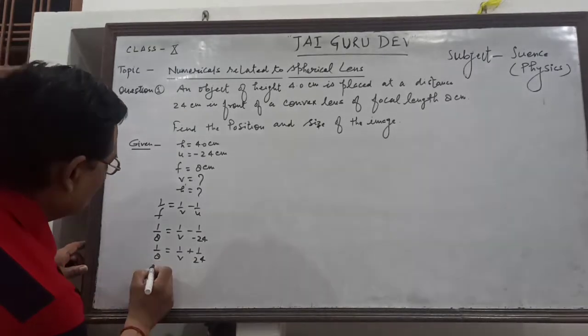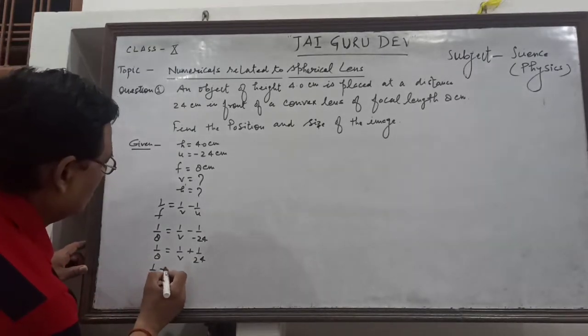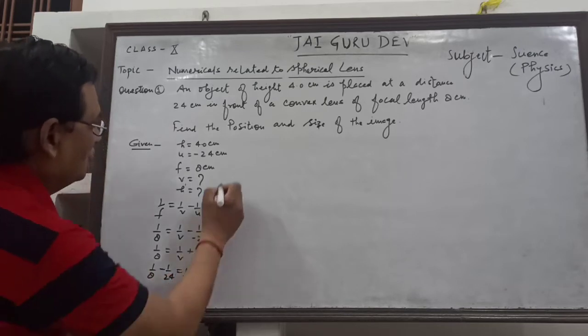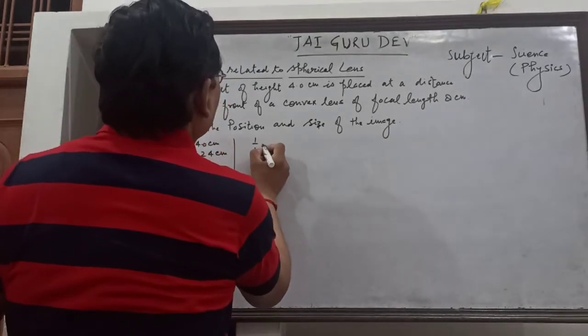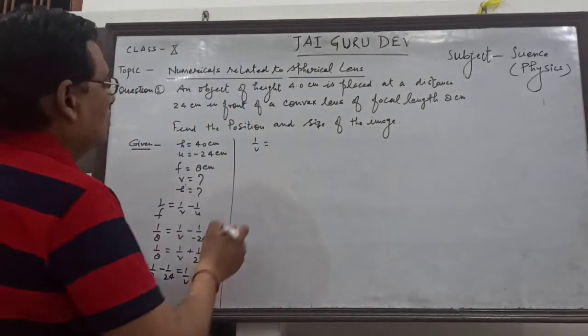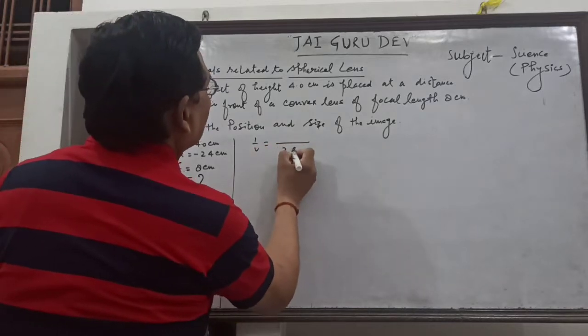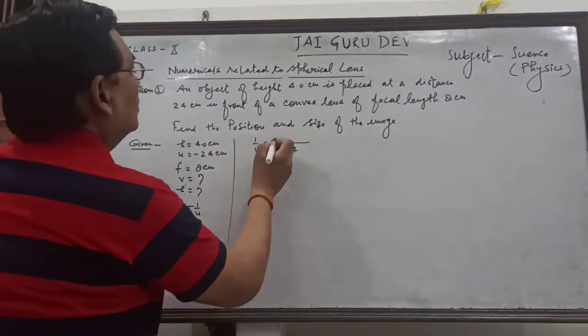So 1 upon 8 minus 1 upon 24 is equal to 1 upon v. Now 1 upon v, we take LCM 24. 8 threes are 24.